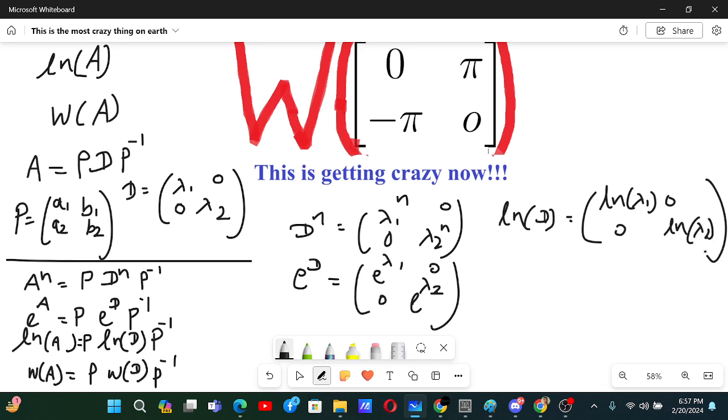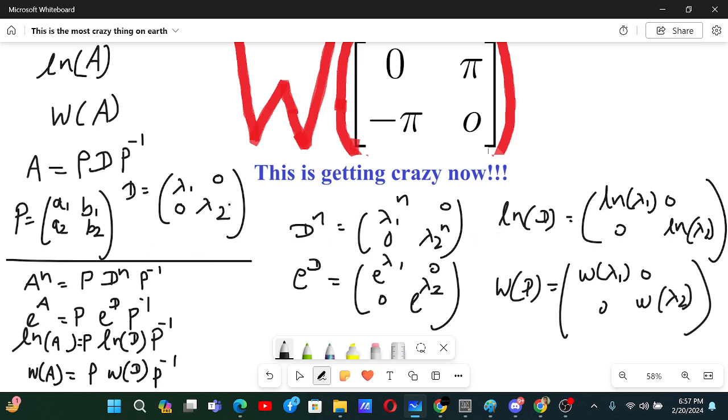And similarly, Lambert W of D will just be Lambert W of lambda 1, 0, 0, Lambert W of lambda 2. So basically the main thing is to find D and P, because after you have found D, it's really easy to do any of such operations, either raising to the power of e or log or Lambert W, anything as such.